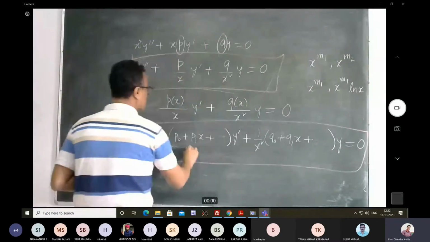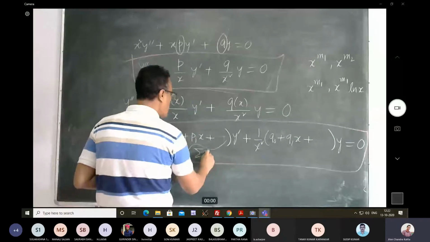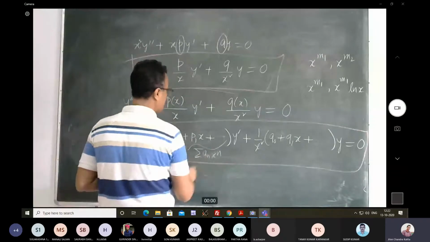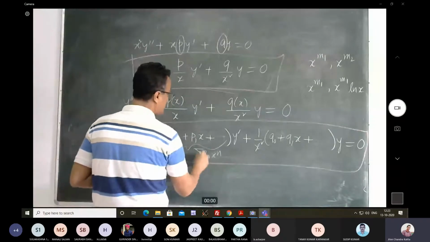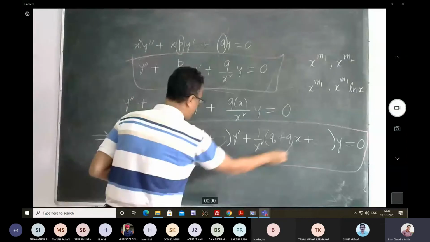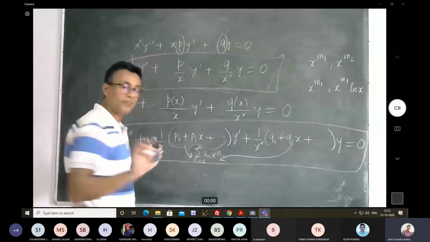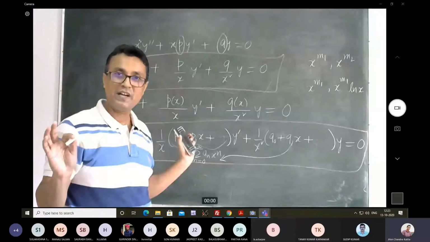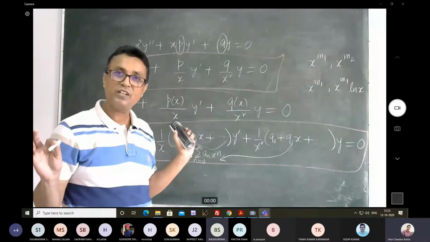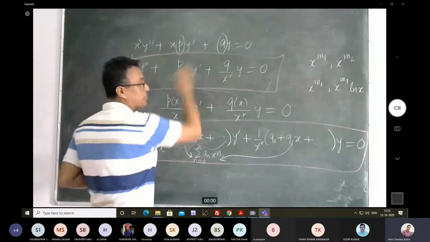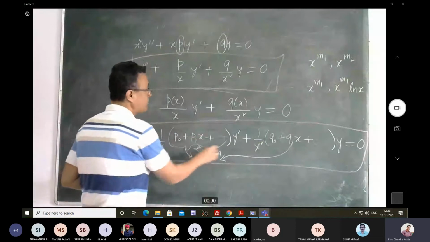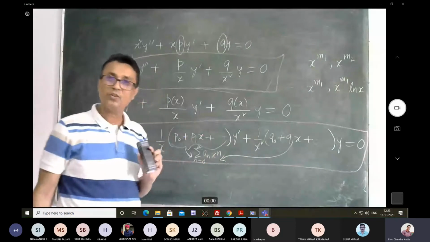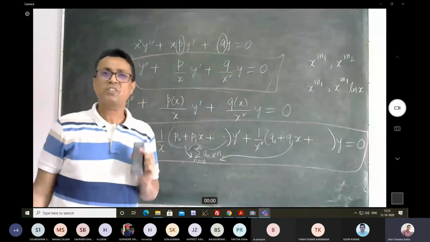Now those p and q are replaced with infinite series like this. Is it okay with everybody? The only difference is that these constants p and q have been replaced by some infinite series. Is it okay?